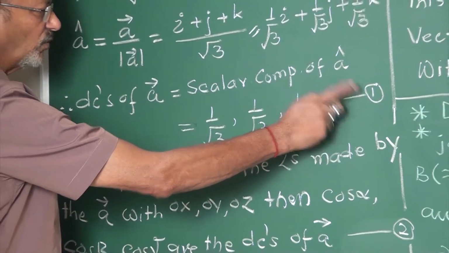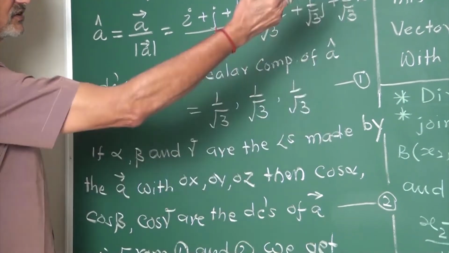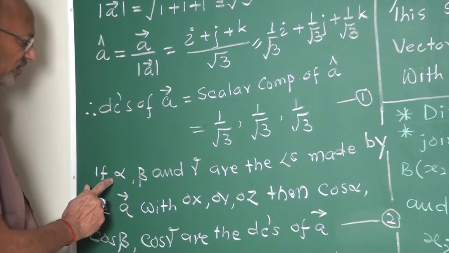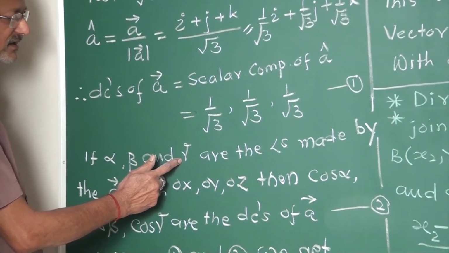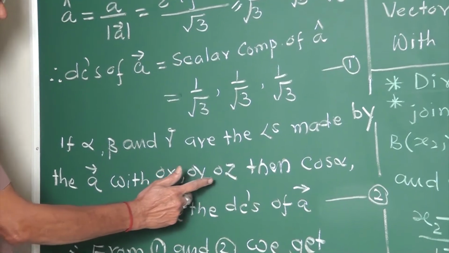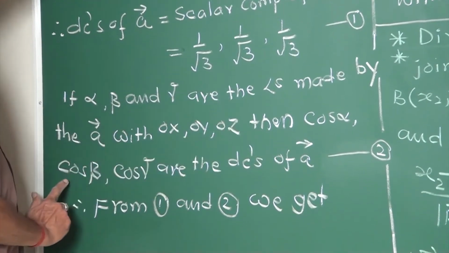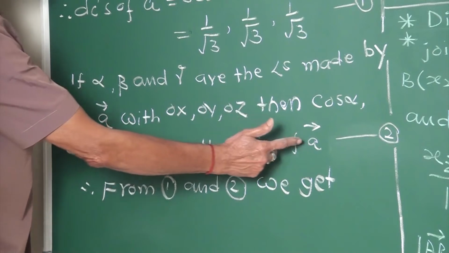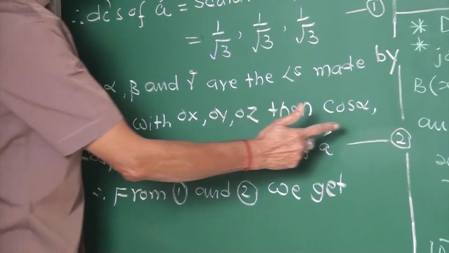Name this as 1. Then I have explained another concept: if alpha, beta, gamma are the angles made by the vector A with OX, OY, OZ, then cos alpha, cos beta, cos gamma are the direction cosines of the vector A. Name this as 2.